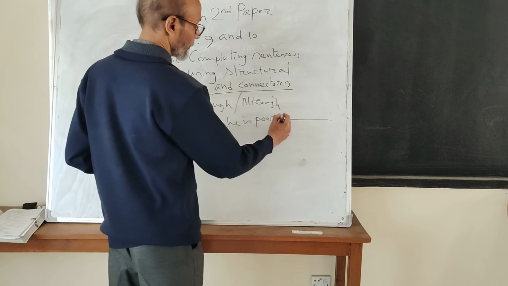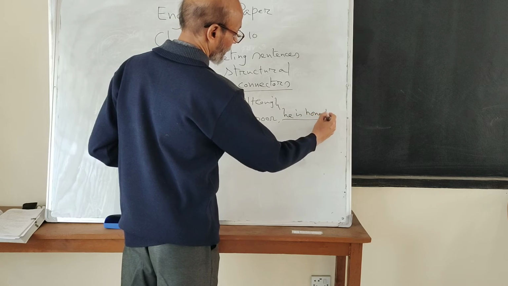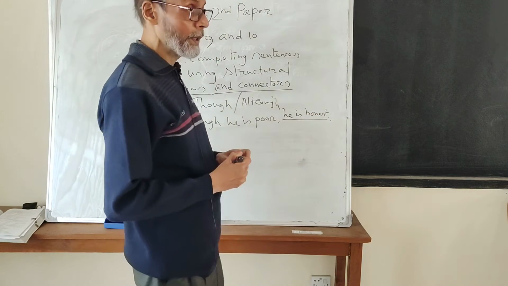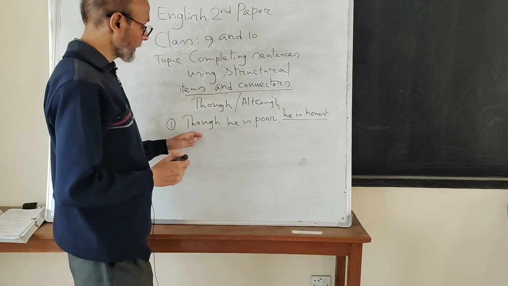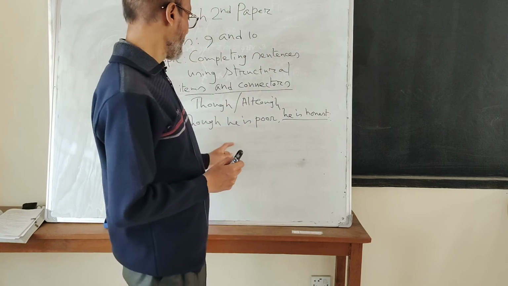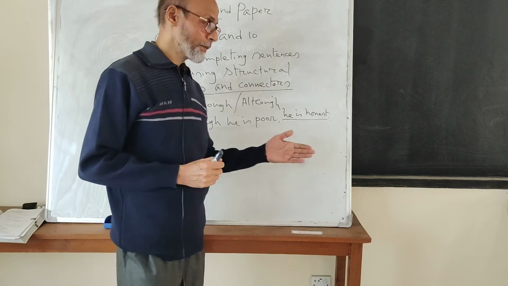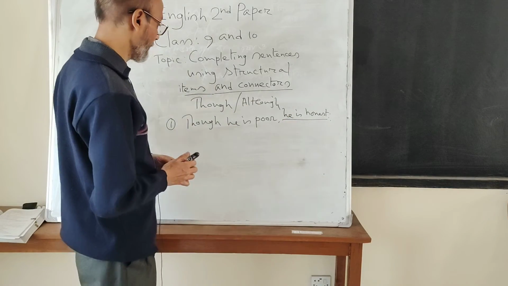Though he is poor, he is honest. A poor man, but honest. In the case of though, in compound sentence we use but. He is poor but honest. But in the complex sentence we write though he is poor, he is honest.